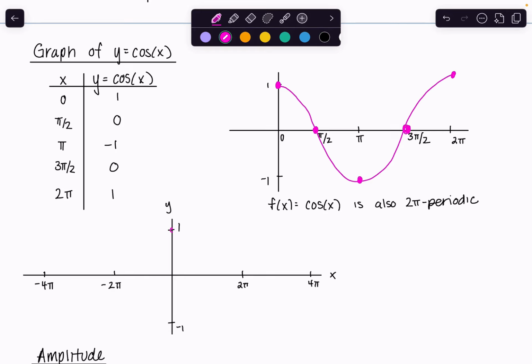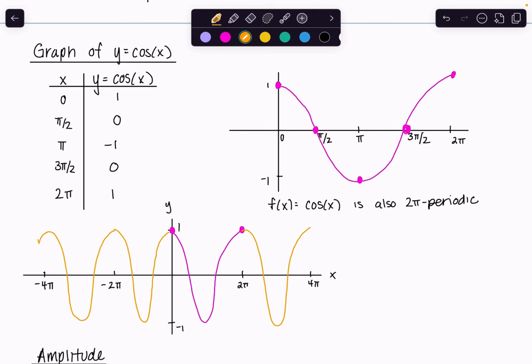Our main function starts here at 1, and then we'll come back to 1. And then it goes down and back up. Then we copy and paste, goes down, back up, goes down, back up. And then same thing, goes down, back up.